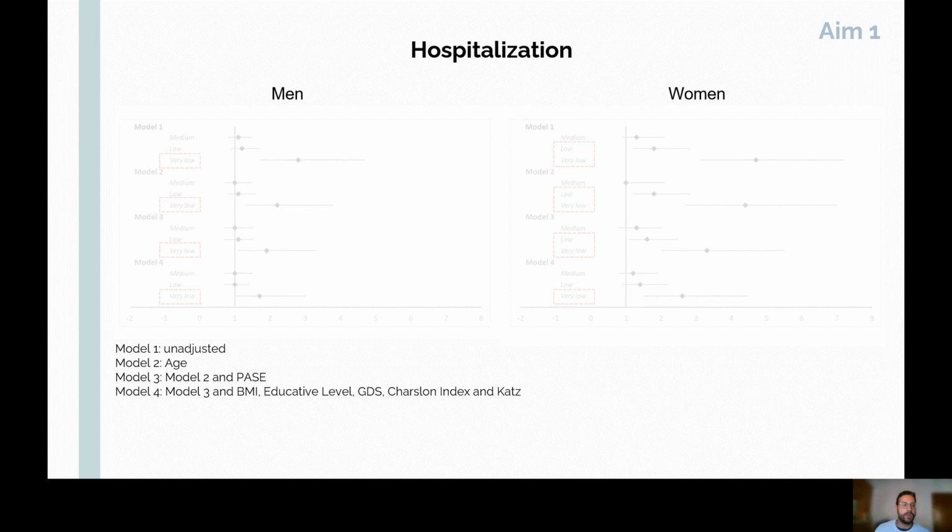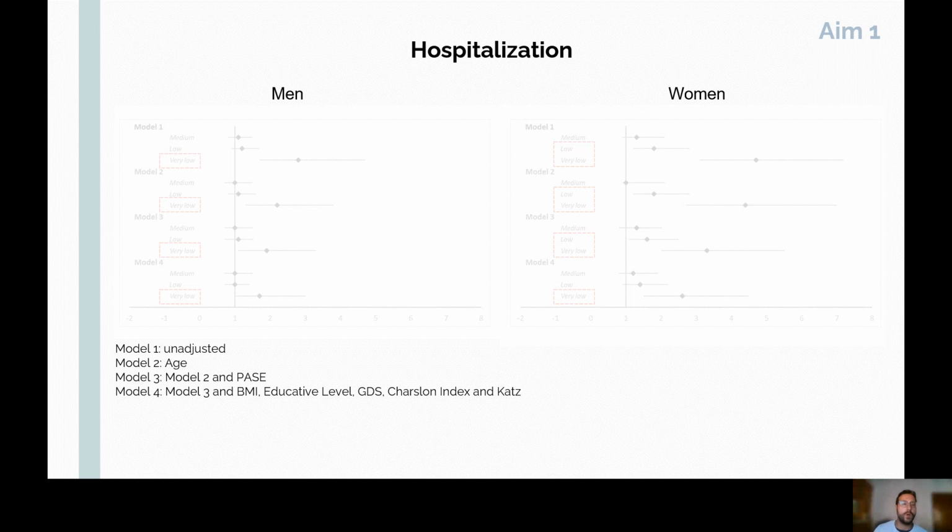In the third model, we adjusted for physical activity, plus model 2, and on the final model, we used model 3 plus other confounding variables such as BMI, educational level, level of depression, Charlson index, and level of disability.